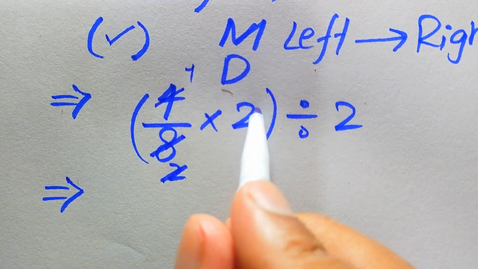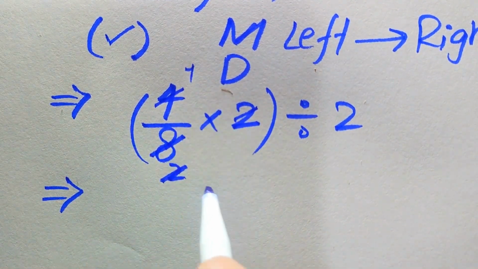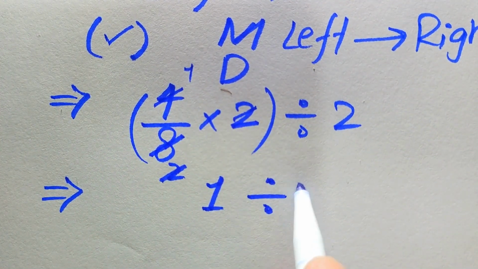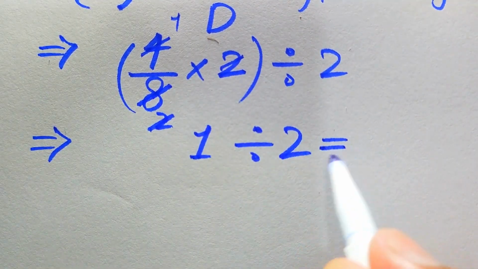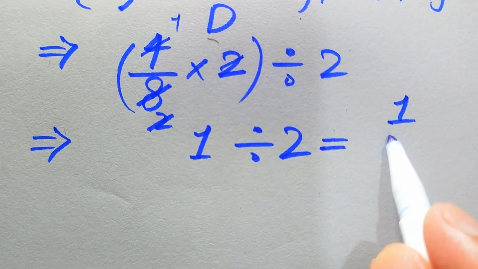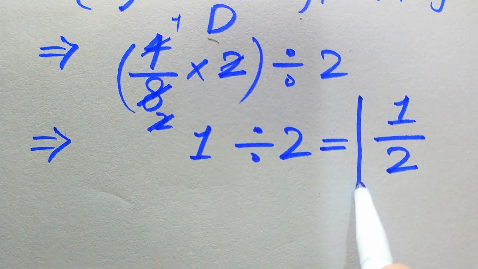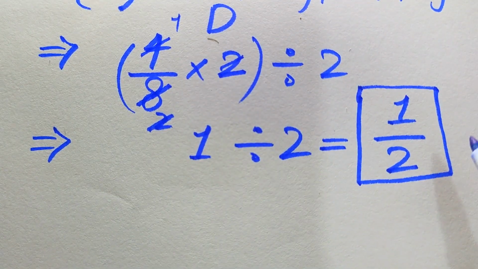So this 2 and this 2 are also cancelled out by each other, and from here we get the value 1 divided by 2. We write this into the fraction form, and we have 1 divided by 2. So this is our final answer of the given question.